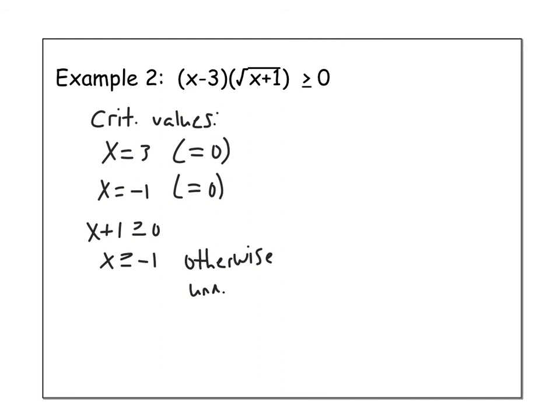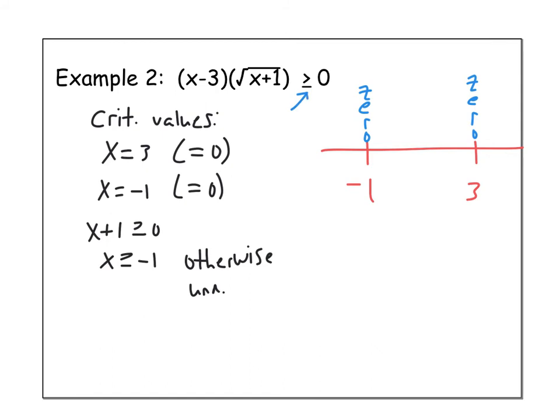Now let's think about as we go to plot those, and then we'll do our sign chart. So we have -1 here, we have 3 here. At -1, sometimes I like to just write what the value is up there, whether it's undefined or equaling 0. At these two x values, the whole expression equals 0. Now for this problem, that's okay because we have the equal sign there.